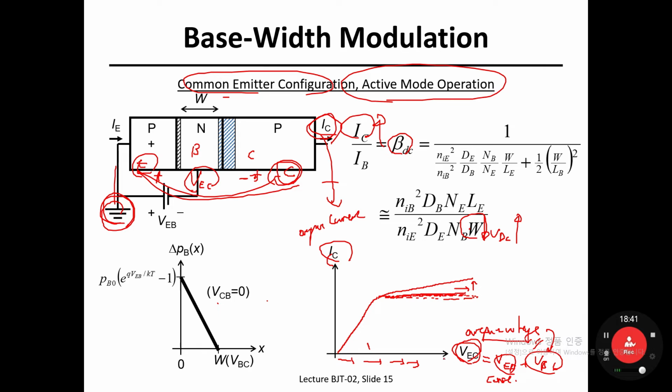That means the output resistance is huge, infinite. But in reality, your output resistance is not infinite. I mean you would get a finite value for your output resistance or output conductance. That means this slope should never be zero in a real BJT.